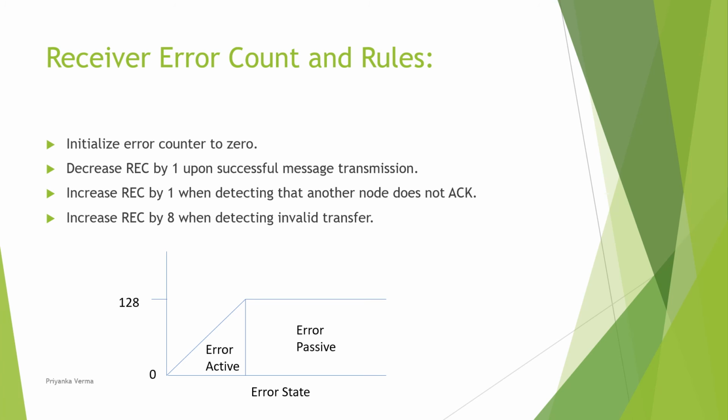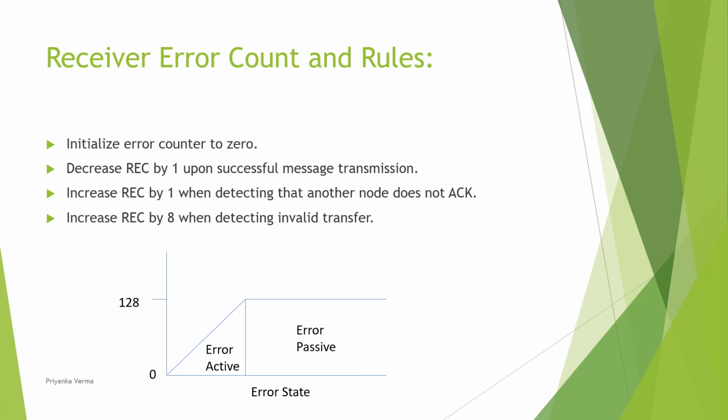If there was an invalid transfer, then the error counter is increased by 8. If we are having repeated invalid transfers, and even after reattempting we cannot reach the ideal state of receiving a message correctly with acknowledgement and with all the checks, it again tries.